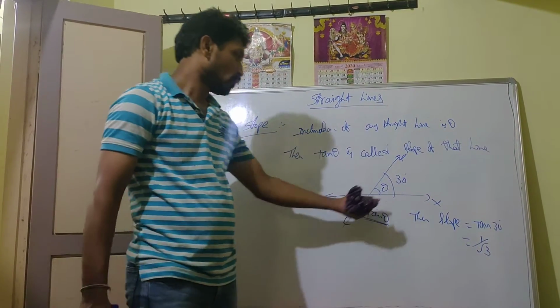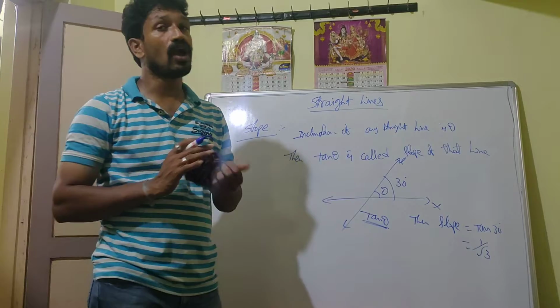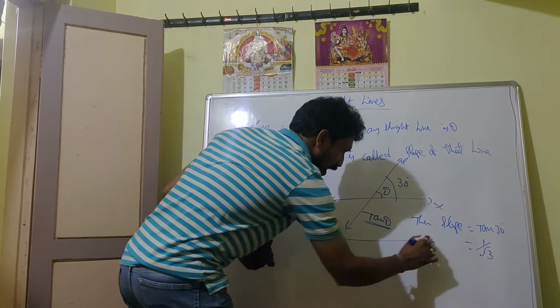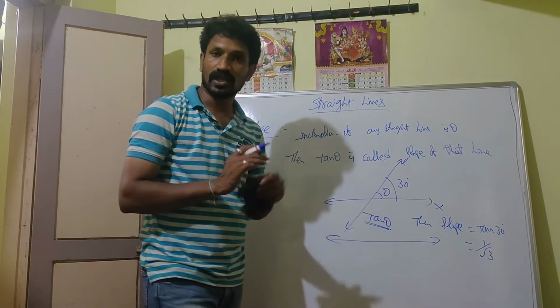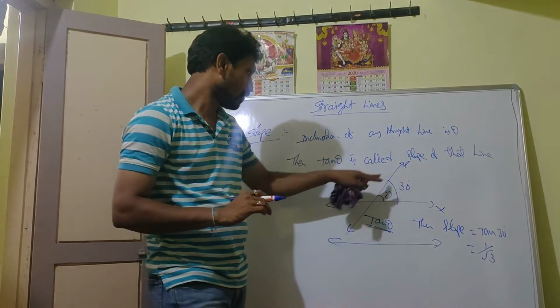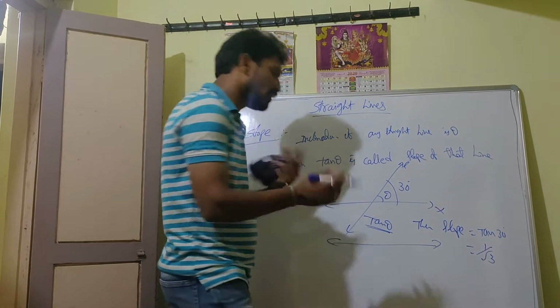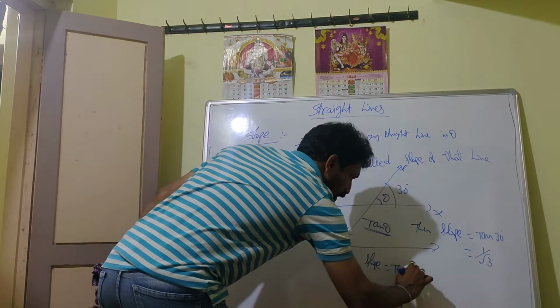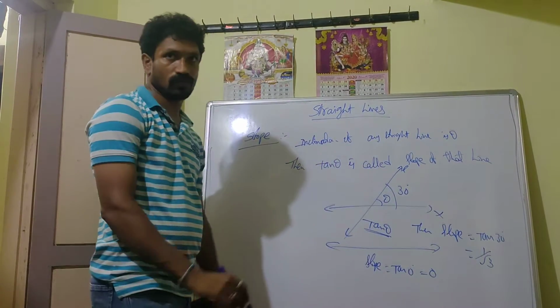Suppose the line is parallel to the x-axis, that means horizontal, then the inclination is 0 degrees. Then the slope of this line is tan 0, and tan 0 is equal to 0.